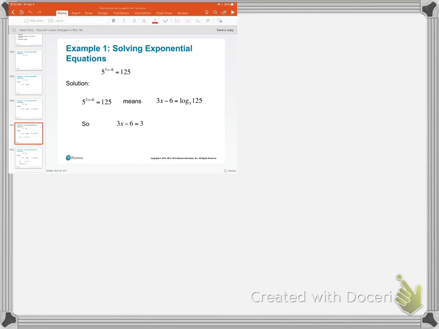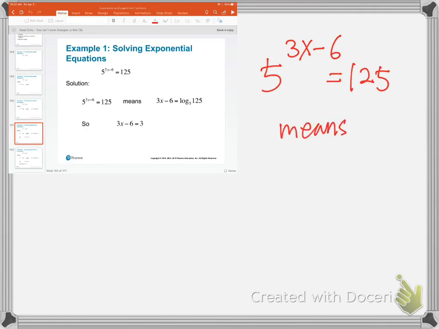So now let's talk about the second method to solve exponential equations. Let's look at this example. Again, 5 to the 3x minus 6 is equal to 125. So we can use log. We can change this to the log form, right?